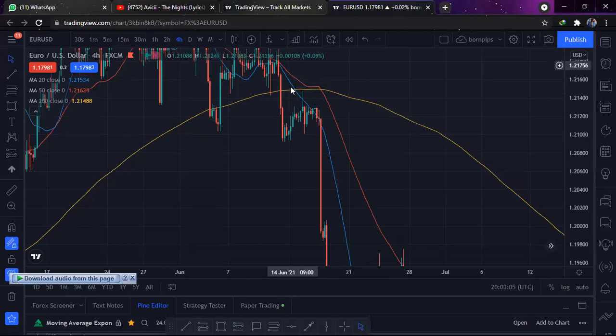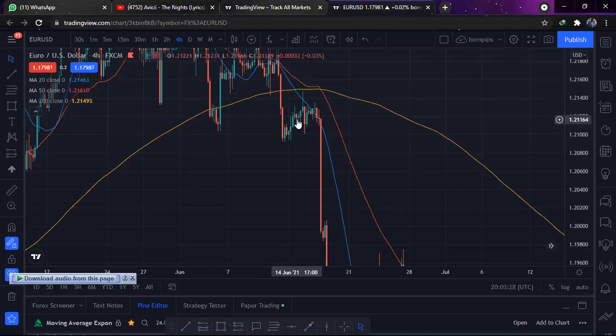Over here, the shorter moving average crosses before the longer one. The 20 is shorter than the 50, so the 20 crossed first.